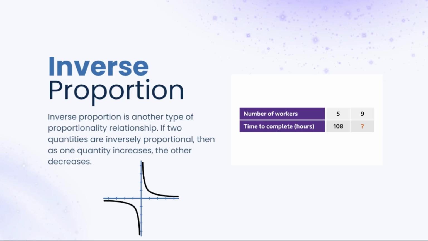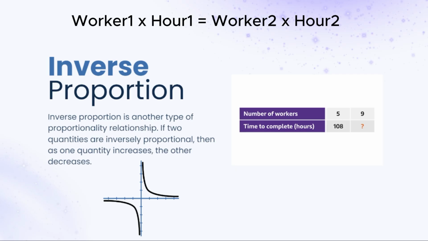Because this is an inverse proportion, we can use this equation: the first number of workers times the time taken for that first amount of workers is equal to the second number of workers times the hours the second group takes. So basically, it's 5 times 108 equals 9 times t, because we don't know t yet.